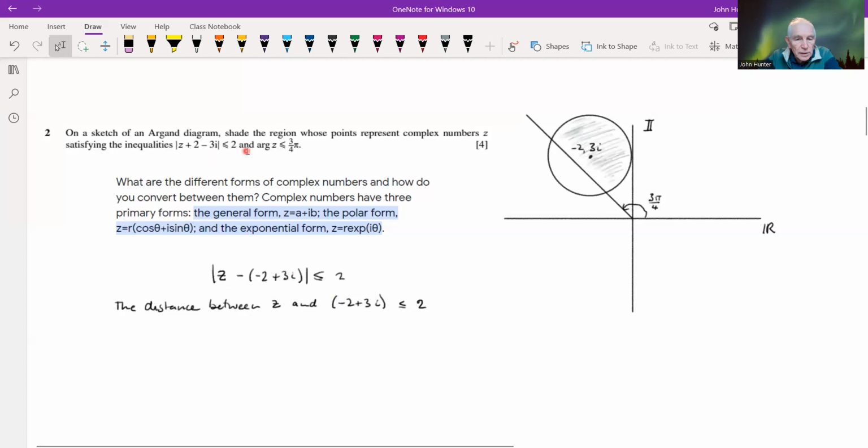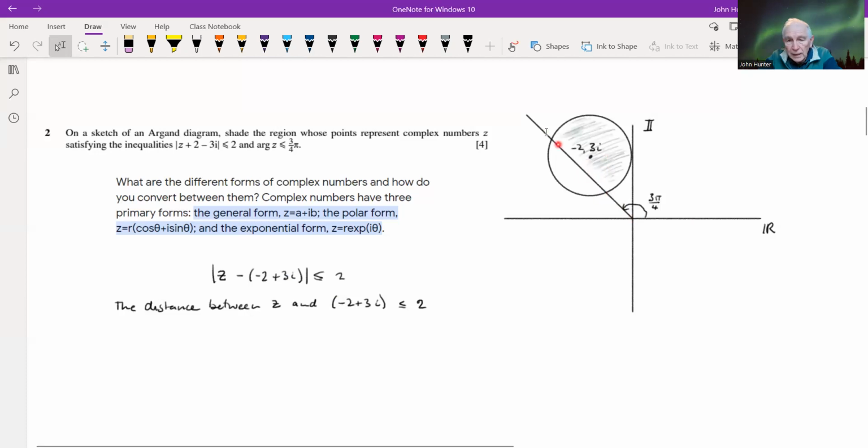Now the second thing is the argument of z is 3/4 pi, 3 pi by 4. So this is the angle of the complex number. So the complex number is in here. This would be the angle here. What we're looking for is a number which is within this whole range around here, between 0 and 3 pi by 4.